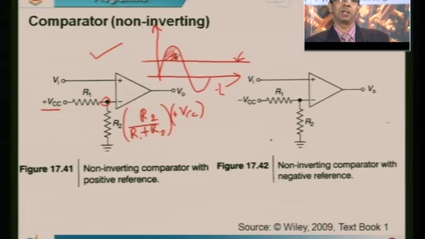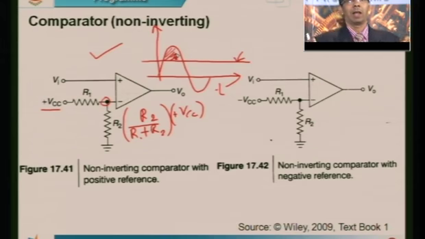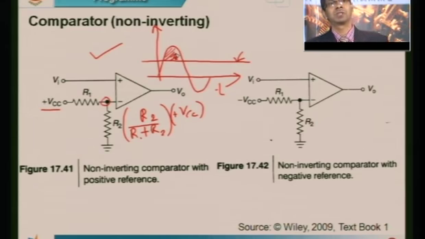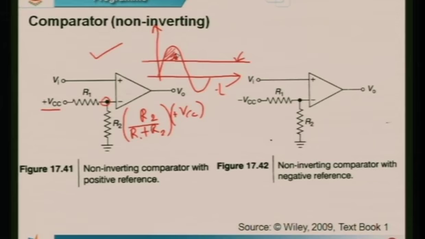So what am I essentially doing now? Whenever my input voltage is larger than the reference, the output is plus Vsat. Otherwise it is minus Vsat. So I am comparing it with a positive reference voltage, not a zero crossing detector but a Vref crossing detector. Whenever it crosses the reference, I get plus Vsat, otherwise I get minus Vsat.